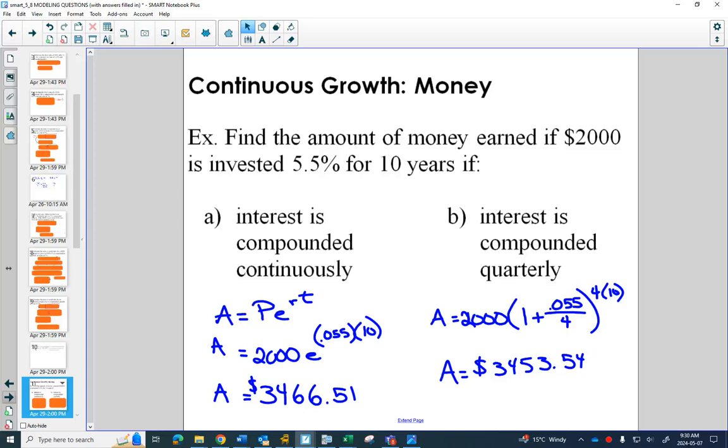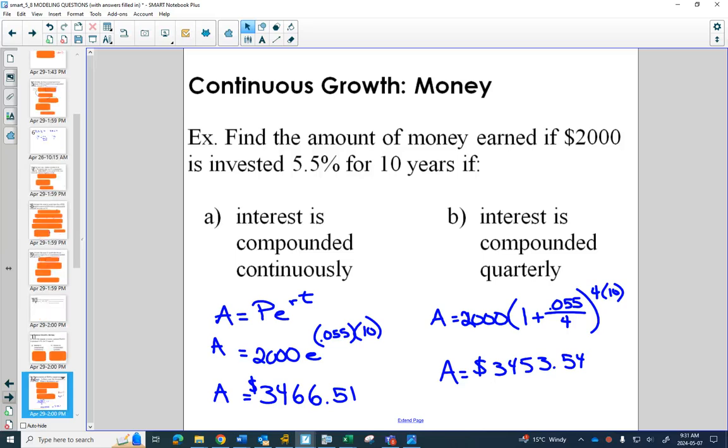And they're like, for $13, we don't want to lose customers. It's not worth it for us to charge you interest all the time. So then it's monthly. We'll find out that mortgages, they're only allowed to charge interest twice a year in Canada. And we'll look at that as well. So compounding continuously for money doesn't actually make a huge difference.